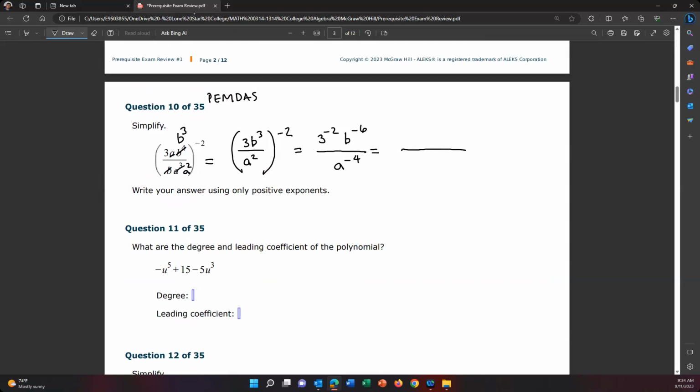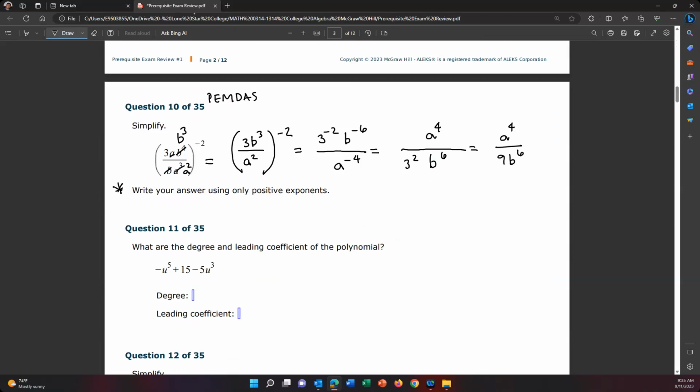This 3 to the negative 2 is supposed to be down here. This b to the negative 6 is supposed to be down here. And this a to the negative 4 is supposed to be up here. And to make this a little bit nicer, 3 squared is equal to 9. There it is. Again, something about mathematics and writing the answers with positive exponents.